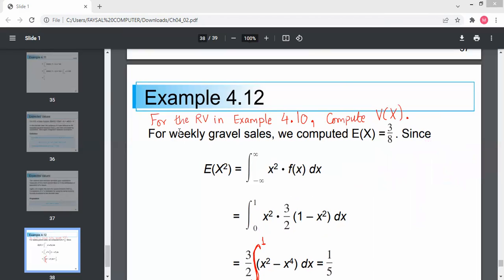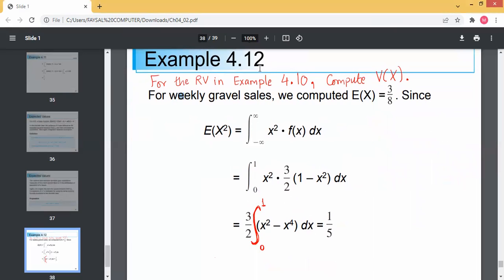For this, I take this value as a constant, so it will be 3 upon 2 with the integral over the upper and lower limit, then x square multiplied by 1 gives x square, and x square multiplied by x square gives x to the power 4. So these are the two terms in my integrand.